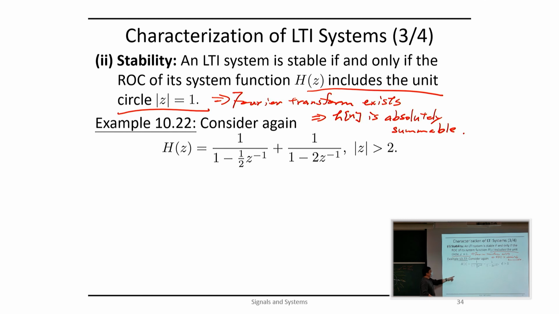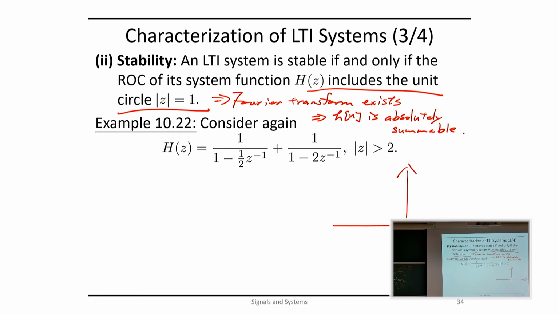So suppose you look at this example here. For this example, you actually have two poles, one at 1/2 and the other at 2. Now, if you say that the region of convergence is greater than 2, then obviously it does not include the unit circle.